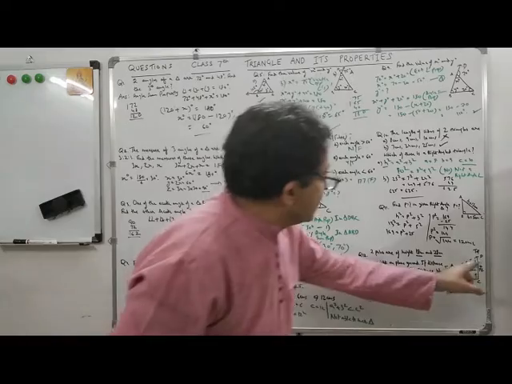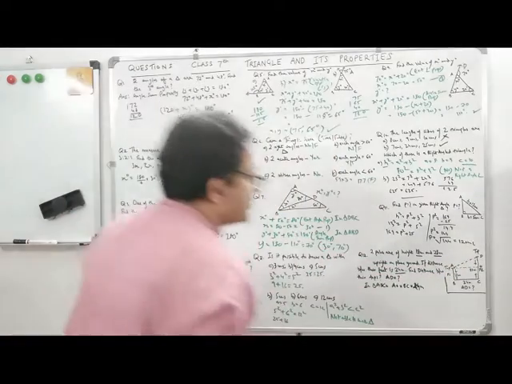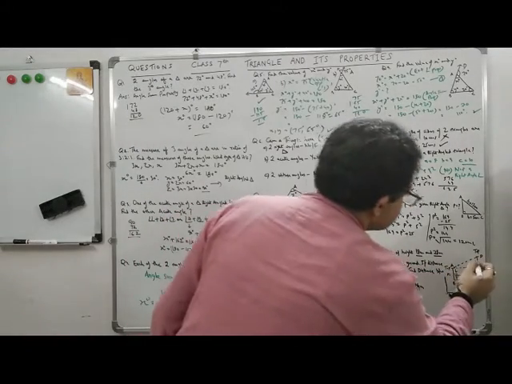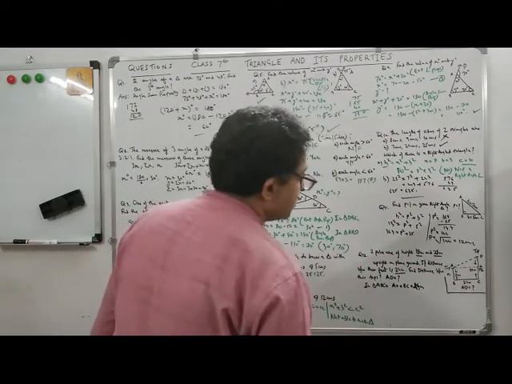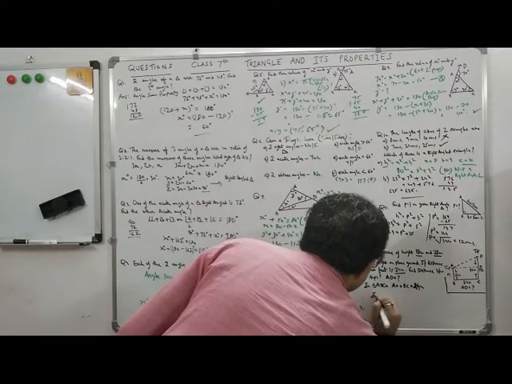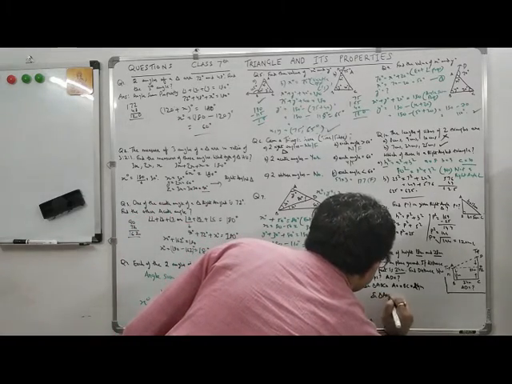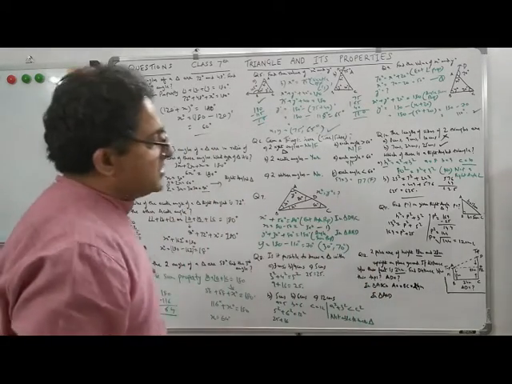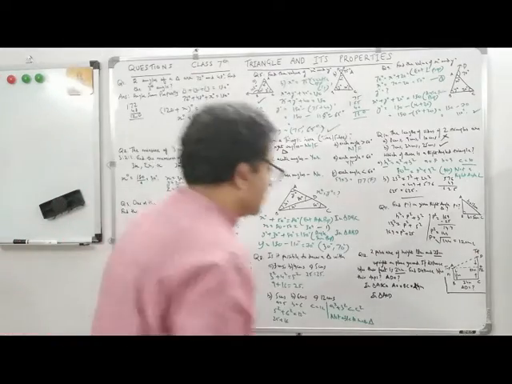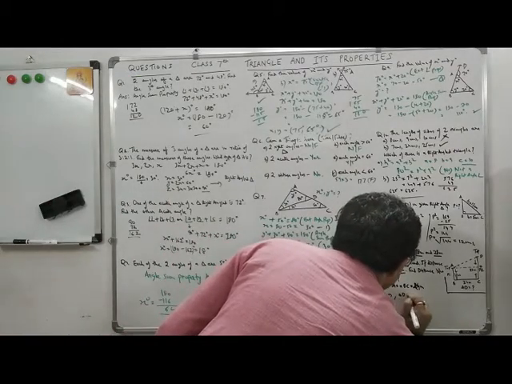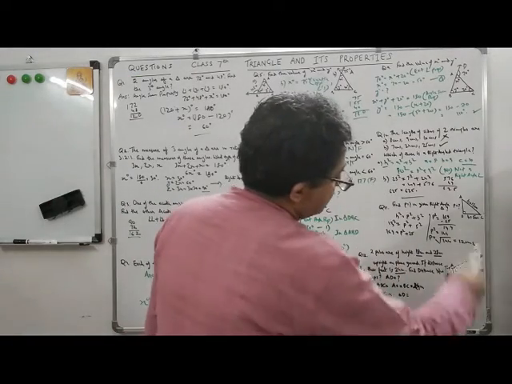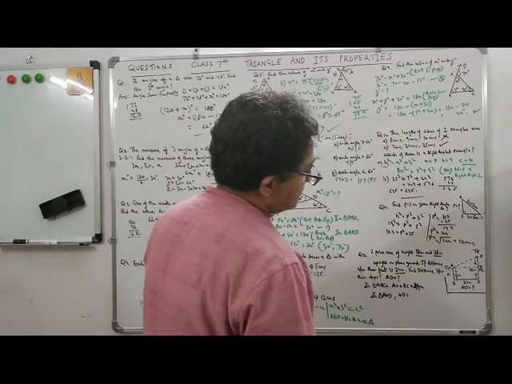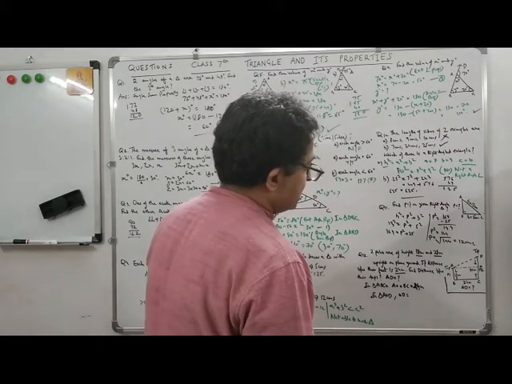So, if you take triangle AOD, this is the right angle. So in triangle AOD, because AD is being asked, what is OD? OD is equal to DC minus OC.